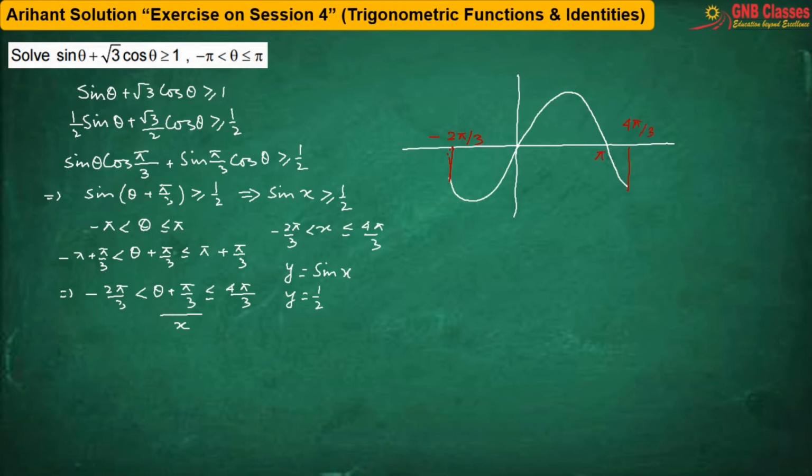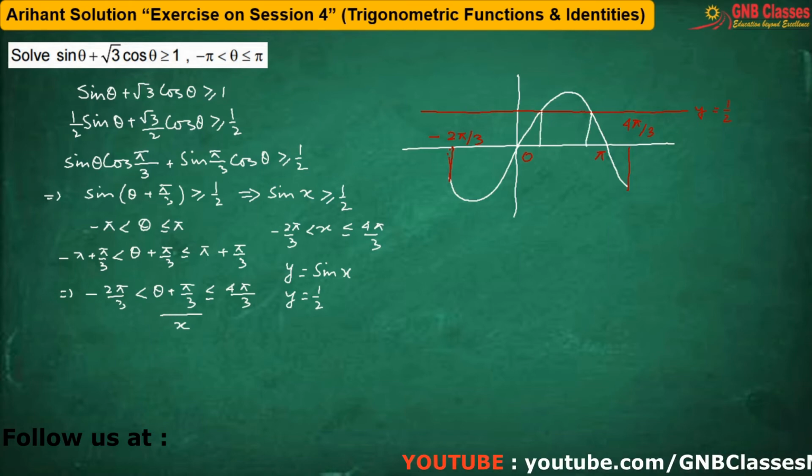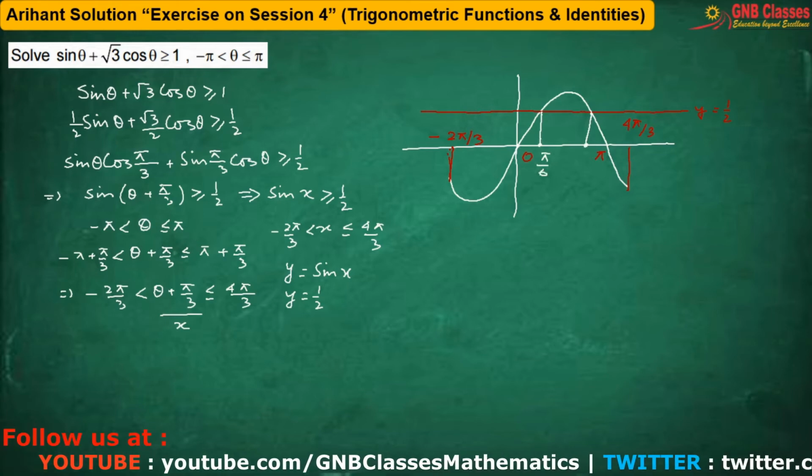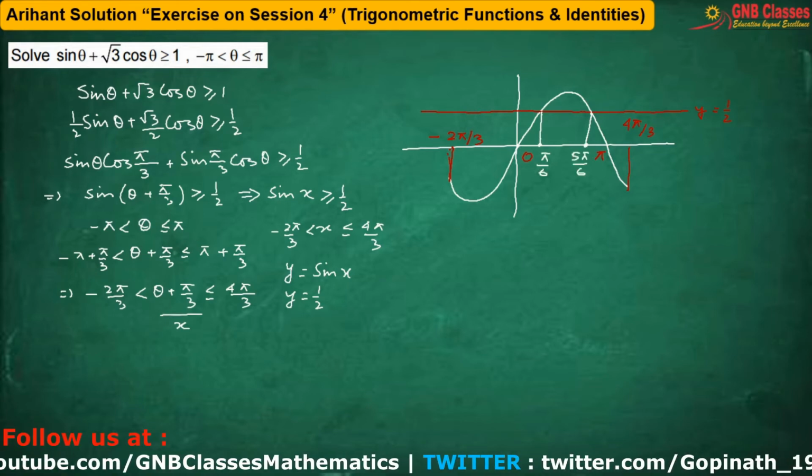This is pi and this is 0. Is it clear? Now, y equals to half is this line. Now the question is, sine x is greater than equals to half. This point is basically pi by 6 and this point is 5 pi by 6.